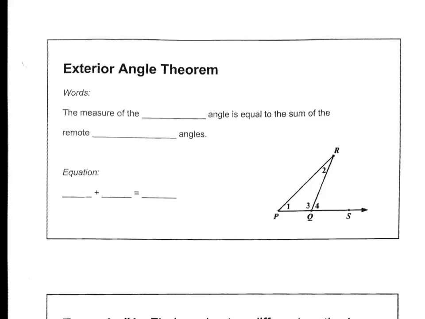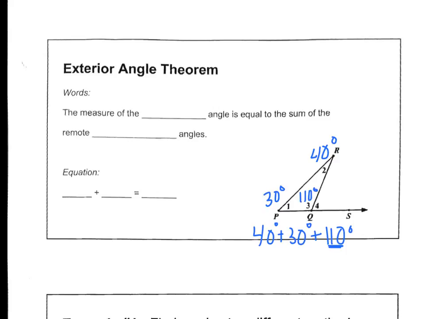So let's think about the exterior angle theorem with numbers. Let's say that angle 1 is 30 degrees and that angle 2 is 40 degrees. I know that the inside angles all have to add up to 180 degrees. So that means that angle 3 would have to be 110 degrees for all three angles to add up to 180.